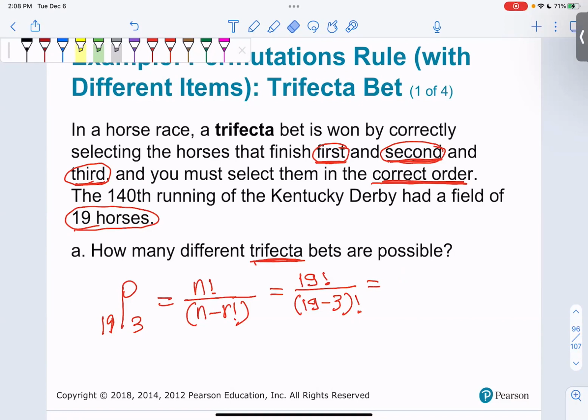To make it easy for this one, it will be 19 times 18 times 17, right? Just to make it easy for you, look here. We start from number 19 and then go 3 numbers: 19, 18, 17. This is the answer.